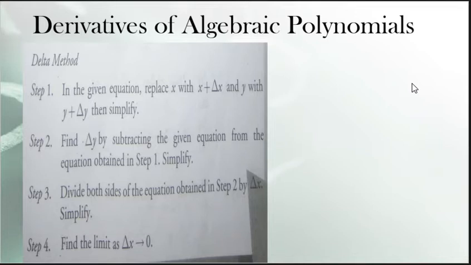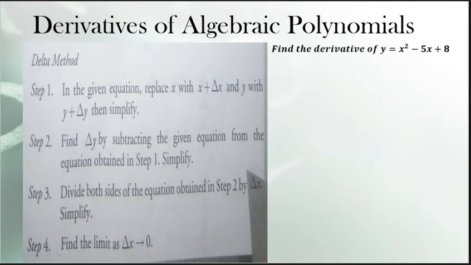And of course, we need to simplify. Step number 3, divide both sides of the equation obtained in step 2 by delta x, and of course again we need to simplify. And lastly, for step number 4, find the limit as delta x approaches 0. Now let's have this example.